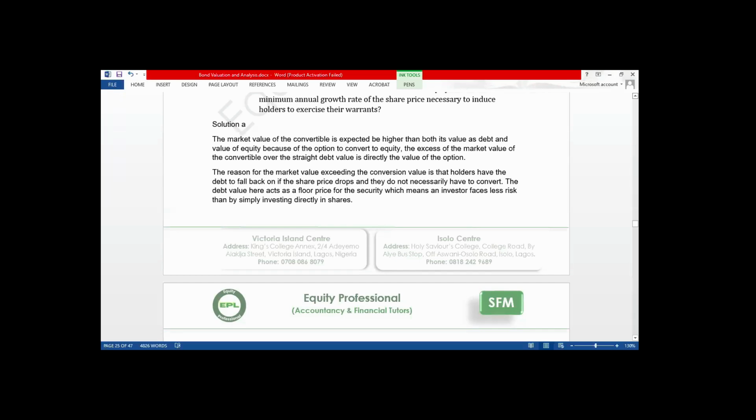The holder is given the opportunity to convert the debt to equity shares and take advantage of the company's equity. Because of the option to convert, the investor will pay for that opportunity.